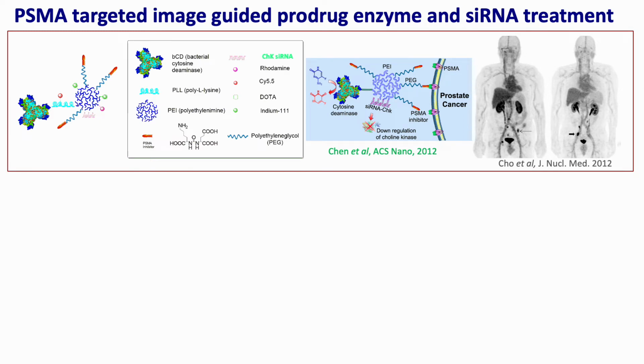So the nanoparticle we designed was targeted to PSMA, so it had a PSMA binding agent. It consisted of a poly-L-lysine backbone to which we conjugated a prodrug enzyme, which is bacterial cytosine deaminase.